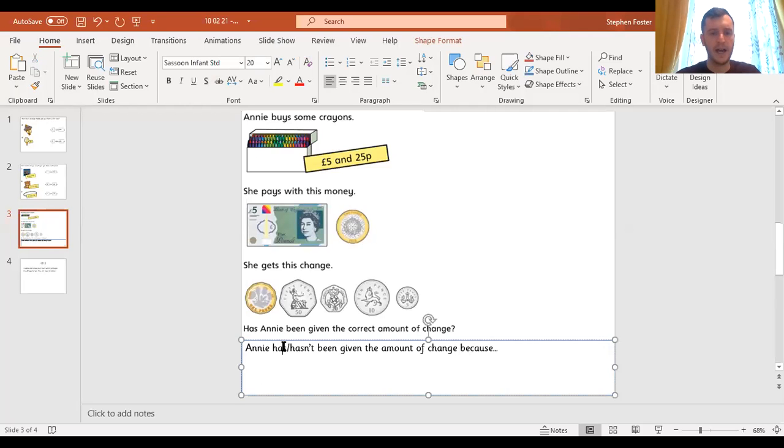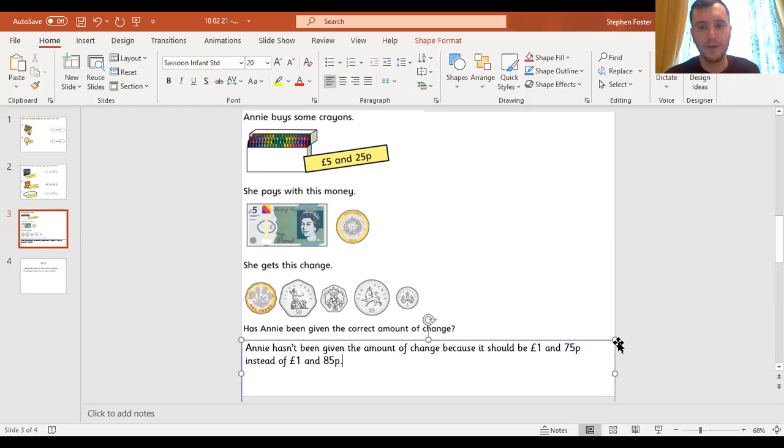So Annie hasn't been given the right amount of change, because it should be £1 and 75 pence instead of £1 and 85 pence. Well, well done if you spotted that one.